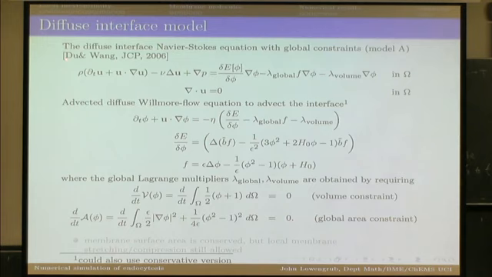Now what was done with this diffuse interface model previously was basically to include global constraints. So the equation again takes the same form, except now your surface delta function, essentially times the normal, is this grad phi.